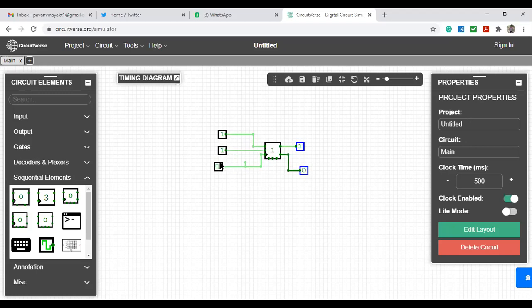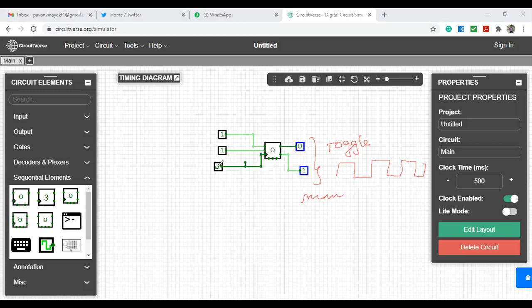See, whenever I give 1, it is toggling. Toggling means we get 1 0 0 1 1 0 0 1 like this. We are getting a clock signal, right? So we call this condition the toggle condition. This is not a race. Whenever the clock changes, only then does the toggle occur.